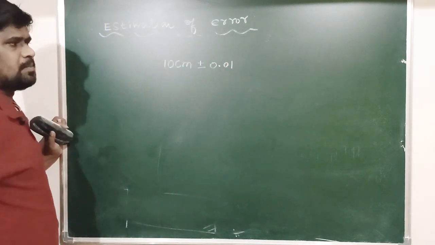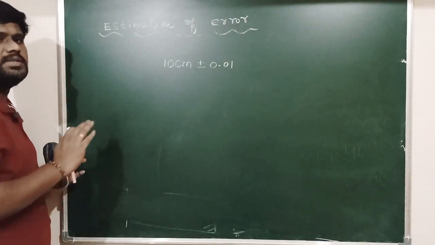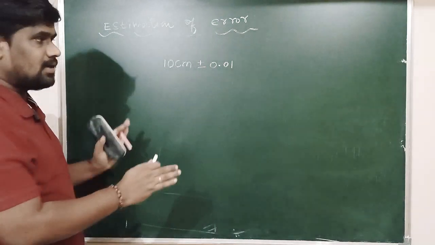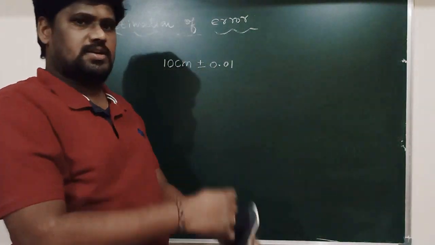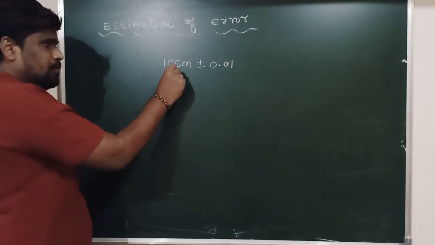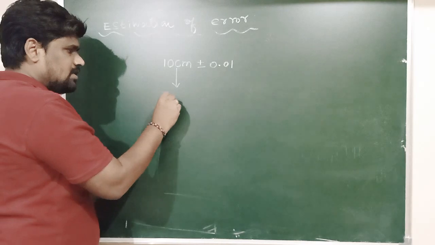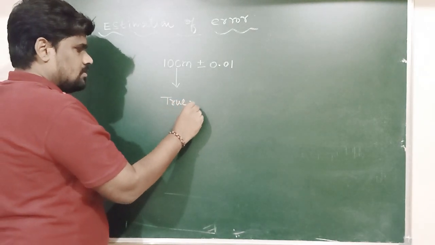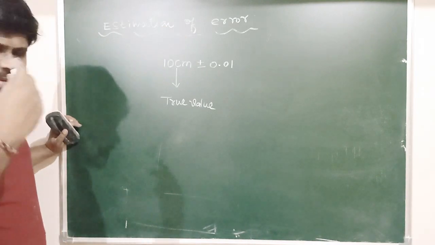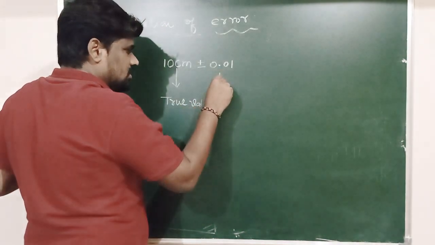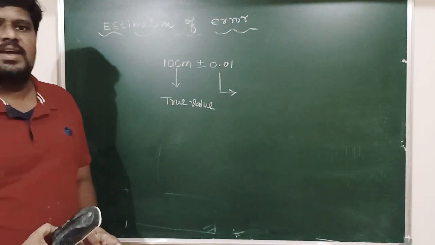That is the length of the given object that you have measured. The first part of your measurement we call the true value of the measurement. The next part is an error.